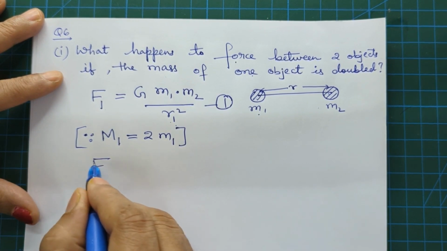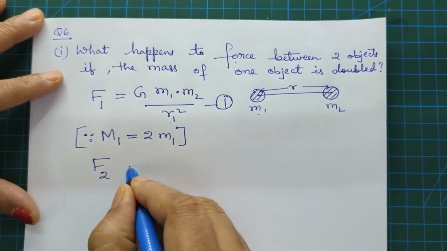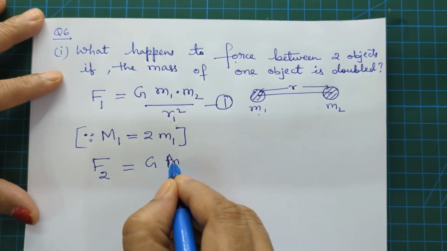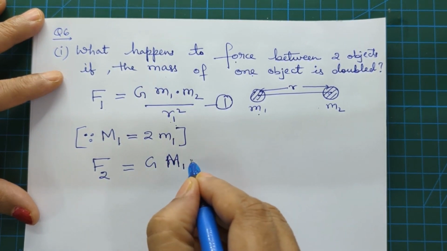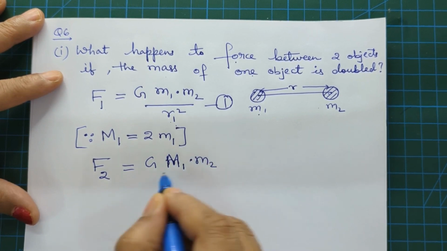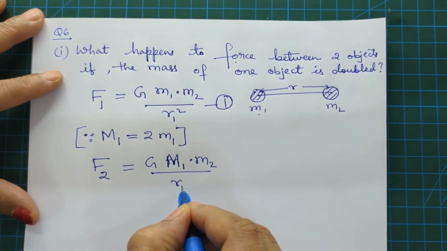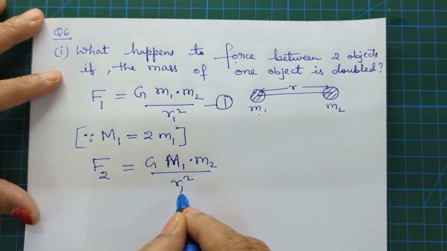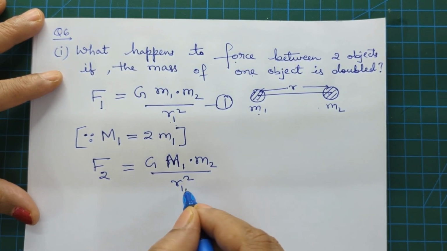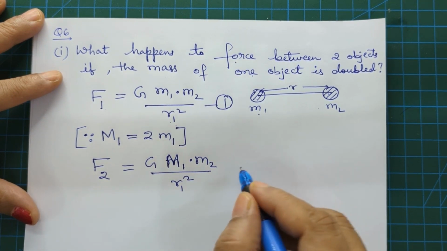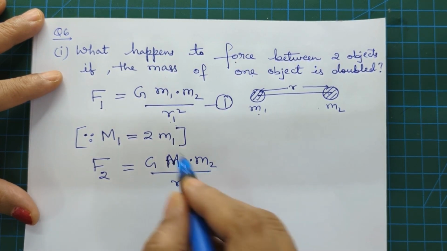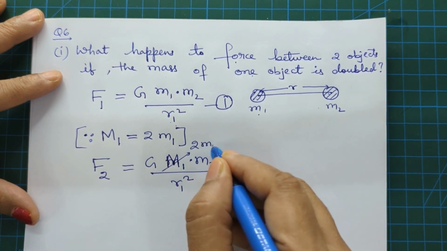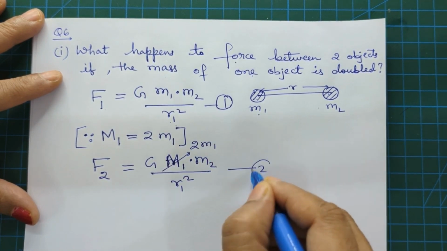So there is a new force of gravity, we call it F2, which is G, the new mass m1, the old mass m2 by distance of separation is the same. So distance of separation did not change, so still r1, or you can write r2 and later on r2 and r1 are same. Only one mass is doubled. So here in place of this I'll write twice the initial mass, and this is equation 2.